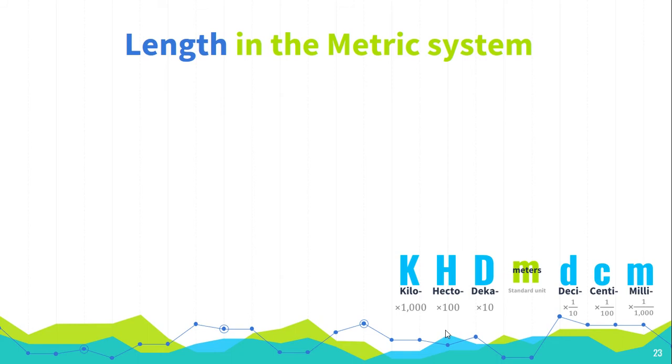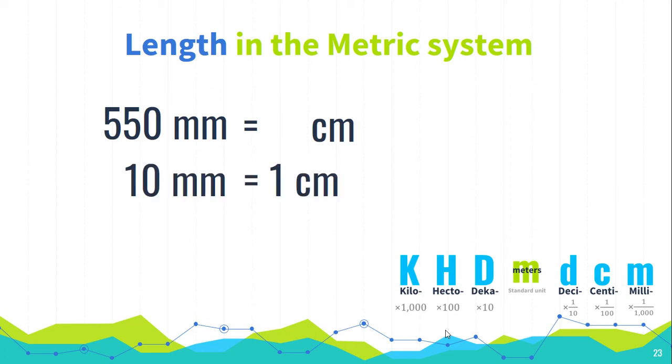So, what that conversion would look like is if I have 550 millimeters, how many centimeters do I have? Well, the first thing to ask myself is, for 1 centimeter, how many millimeters do I have? Well, for 1 centimeter, I have 10 millimeters.